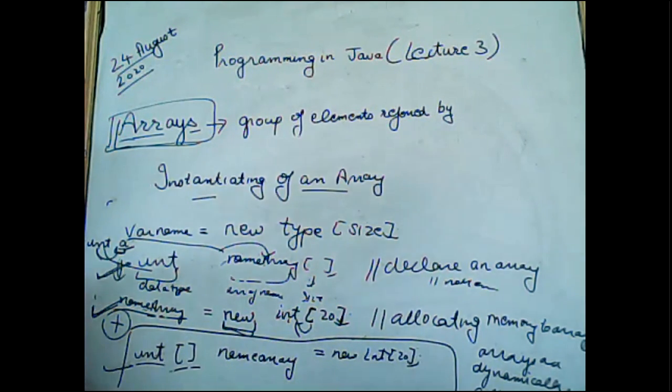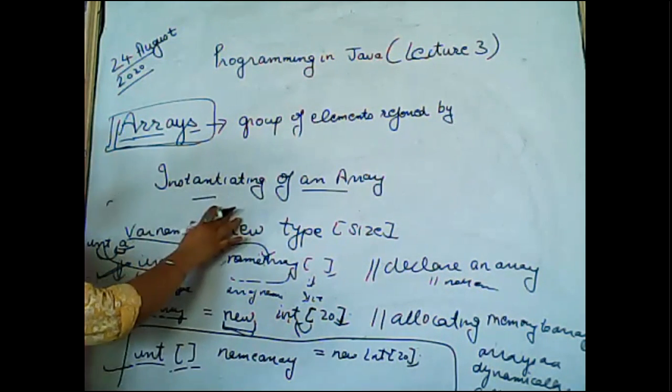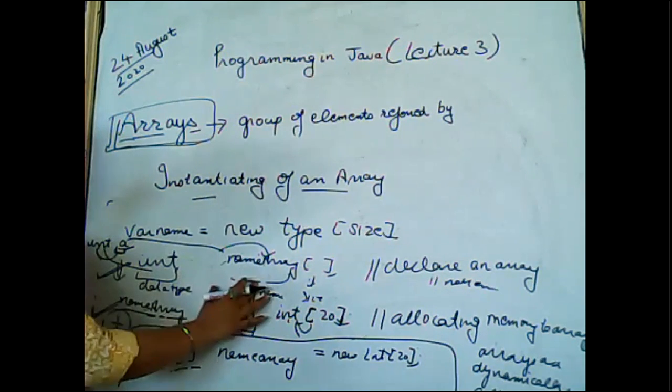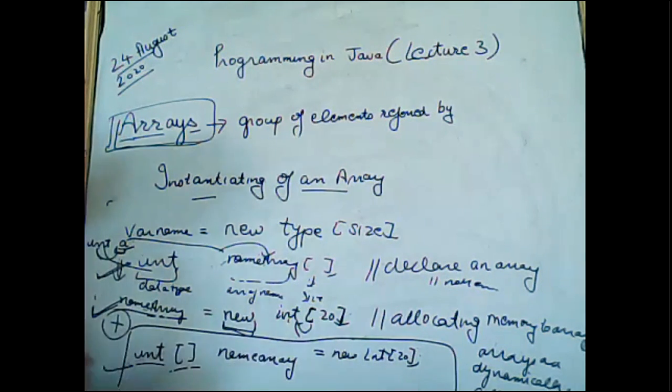In this slide, we have discussed how we can instantiate an array, how we can declare an array, and how we can allocate memory to an array. This is the basic point, that arrays are dynamically allocated every time. Every time you ask for an array element, memory will be allocated.